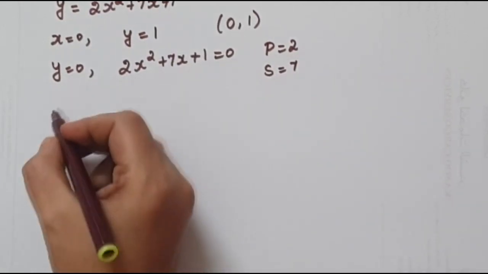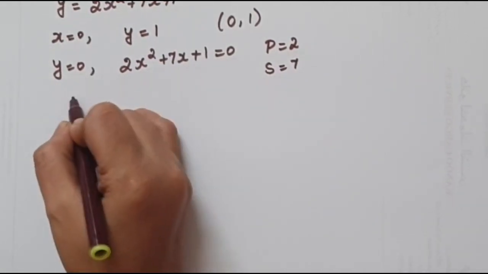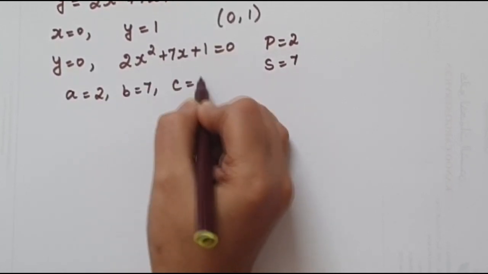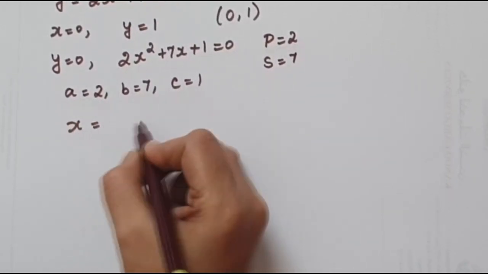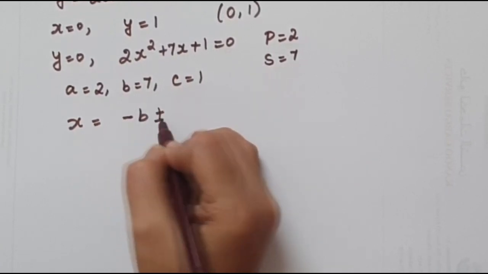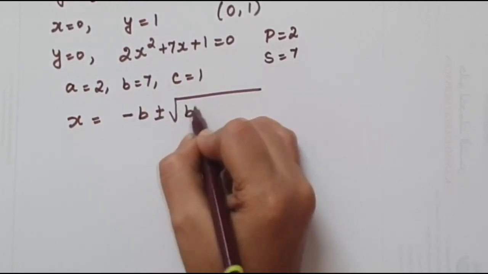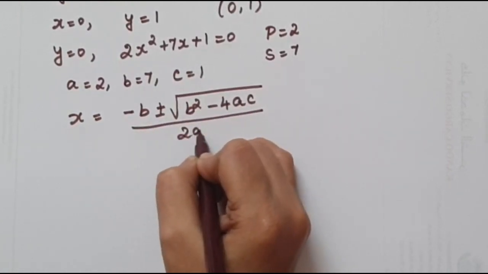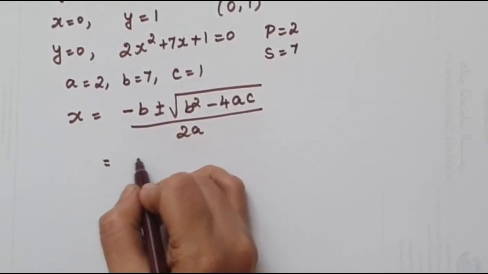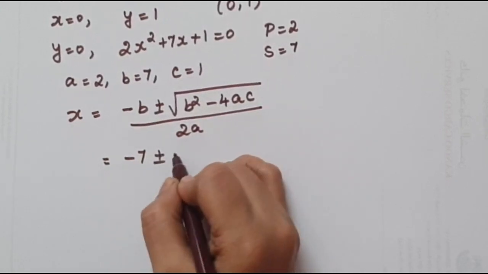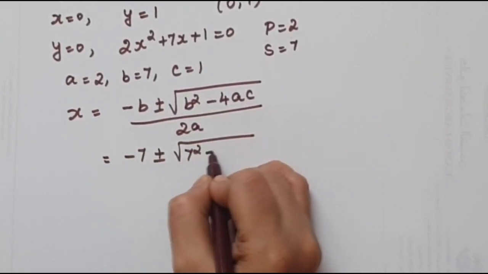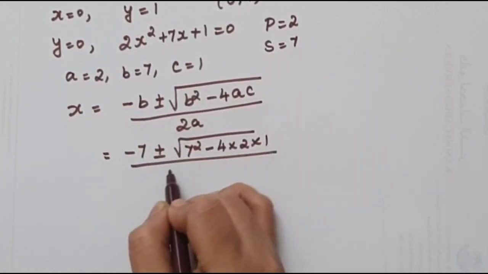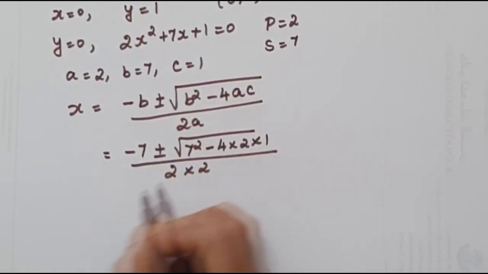So what we do is we apply the quadratic formula for this equation. That is, a is 2, b is 7 and c is 1. The quadratic formula is minus b plus or minus square root of b squared minus 4ac, over 2a. Now we'll substitute it in the quadratic formula. So minus 7 plus or minus square root of 7 squared minus 4 multiplied by 2 multiplied by 1, divided by 2 into 2.